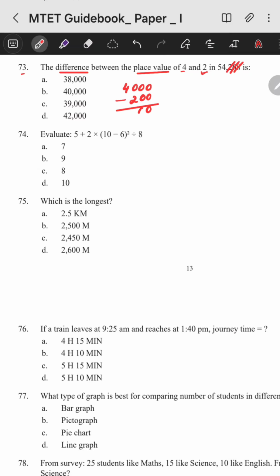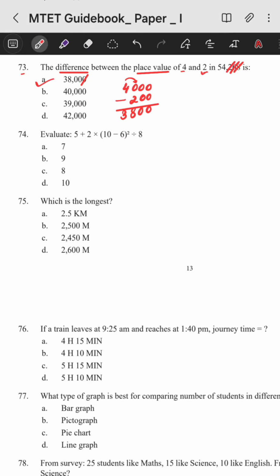Again 0 minus 0 will be 0. We will borrow 1 from here, it will become 10. 10 minus 2 will be 8 and it is now 3. So which option? Option A is your correct option. In the options they give an extra 0, so you cancel it. It means option A is your correct option here.